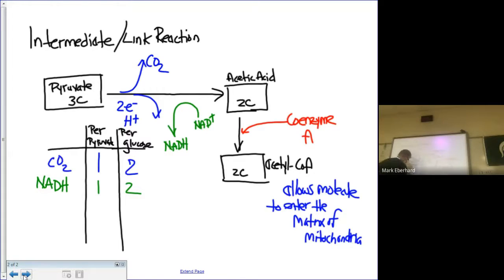In this case, FADH2, the other carrier, I have 0. In terms of ATP, I have 0 and 0. There's not enough energy being removed to produce any ATP at this point. And water, I am not producing any water at this point.